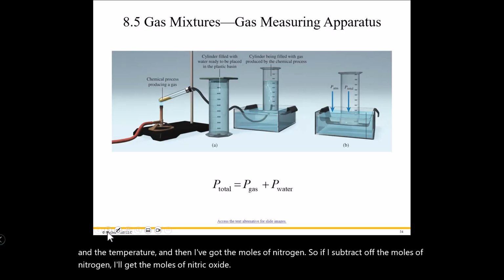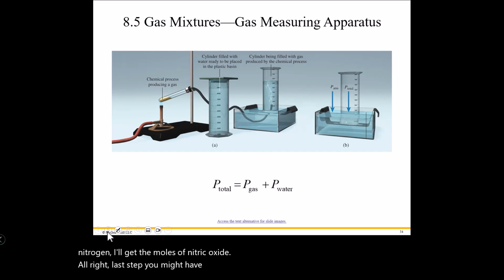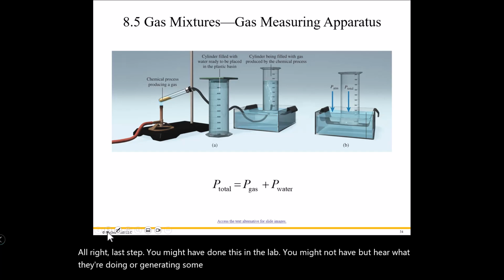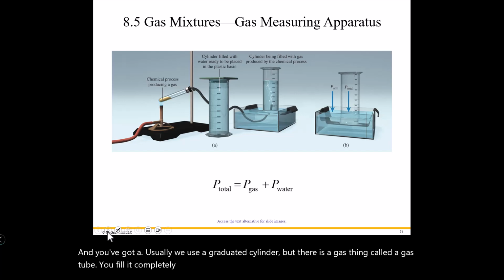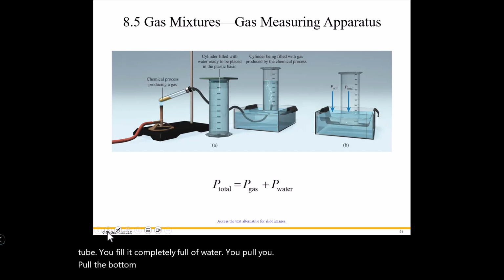All right, last step. You might have done this in the lab, you might not have, but here what they're doing, they're generating some gas, and usually we use a graduated cylinder, but there is a gas thing called a gas tube. You fill it completely full of water. You pull the bottom off of it, and all the water is in here.